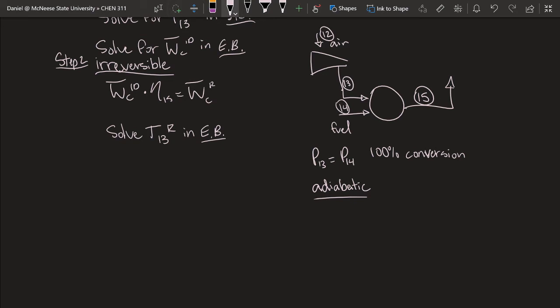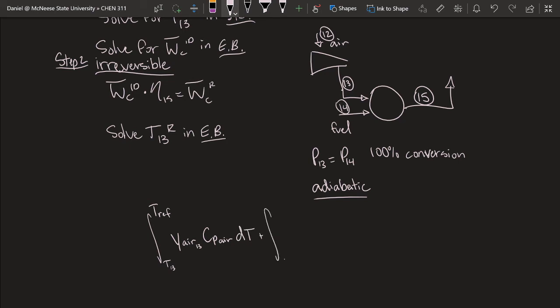Where you have two different entering gases, you're going to have the integral from T13 to some T ref, okay? And then that's going to be plus the y of the air at 13 times the Cp of the air dT, okay?